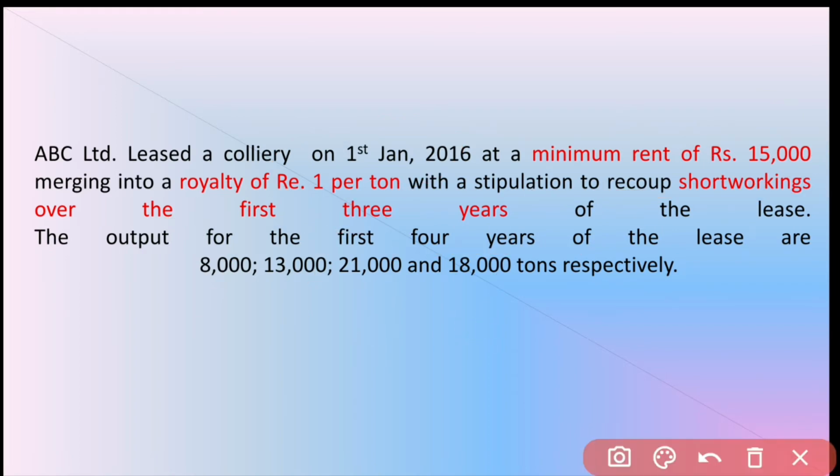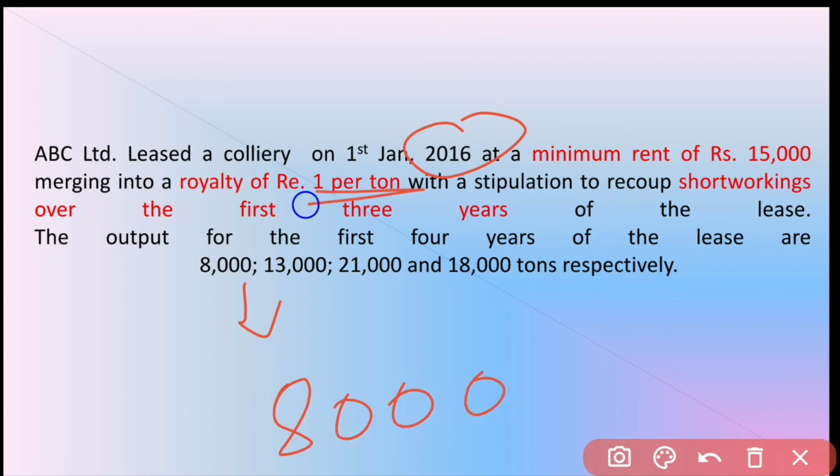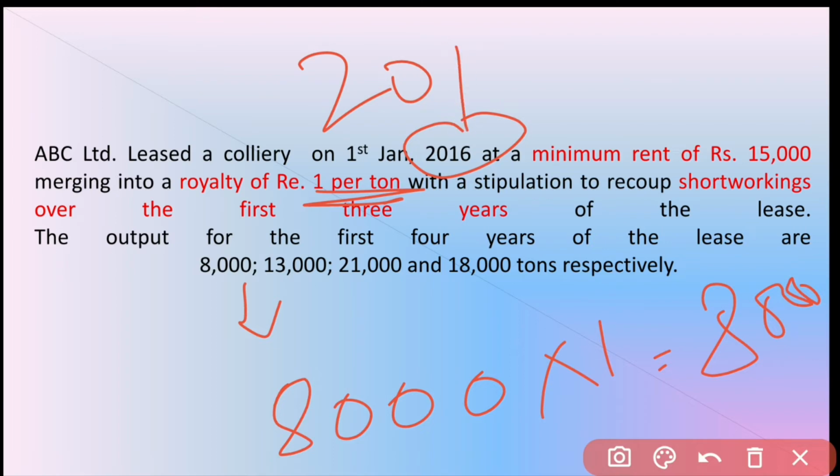Now supposedly if I have to calculate the royalty, right? In the year 2016 it would be 8,000 into ₹1 per ton. That means 8,000 only. Similarly, we can compute it for the next year, that is 2017. Over here my production is 13,000 and royalty is ₹1 per ton, so royalty will be 13,000.